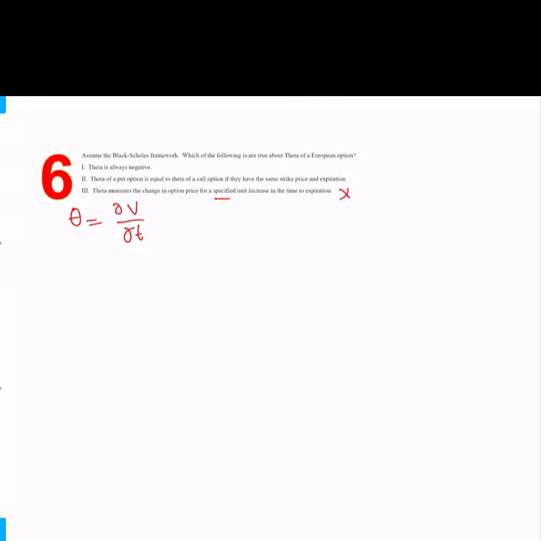It's not for a specified unit. It should be 1 unit. So this is incorrect. Now, theta of the put option is equal to theta of a call option if they have the same strike price and expiration.